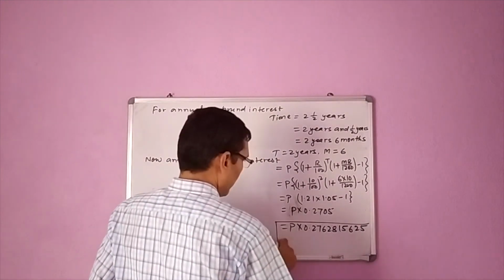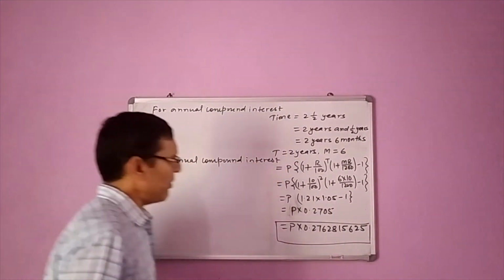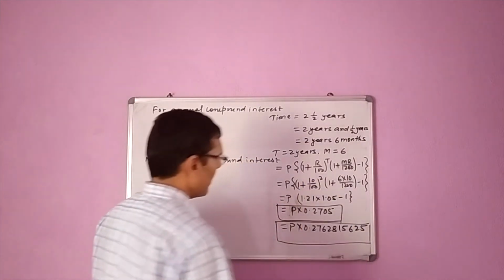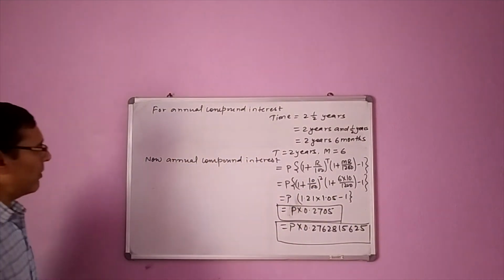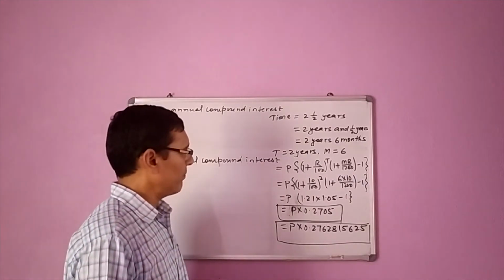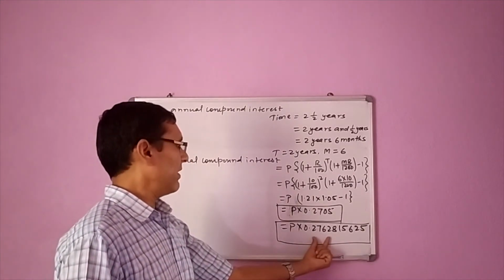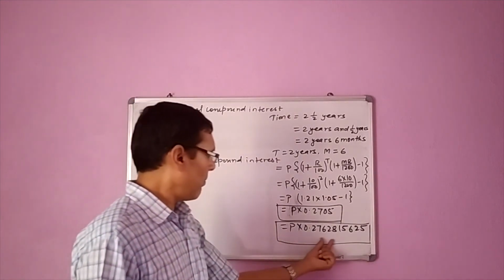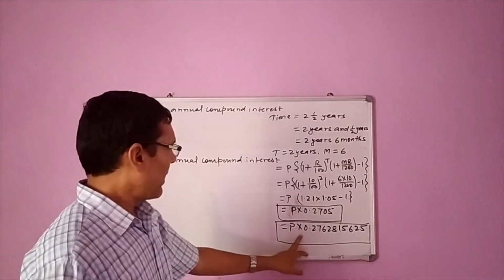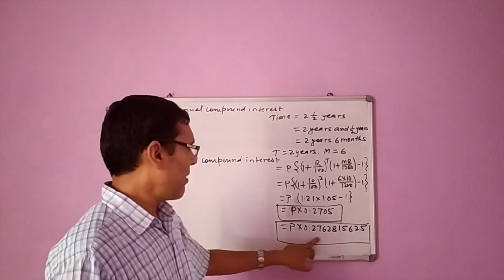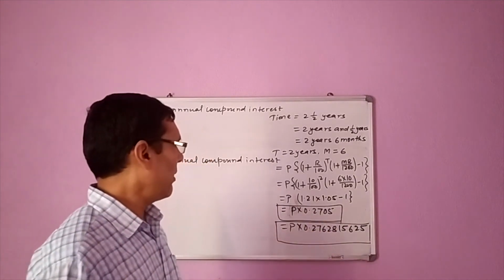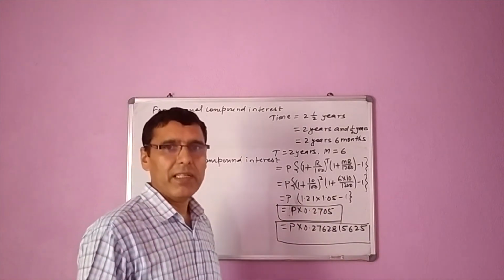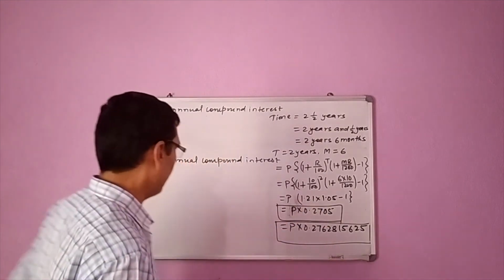So here this is the compound interest for semi-annual compounding, and this is the compound interest for annual compounding. And according to the question, the difference of these two interests. Look, this is the semi-annual compound interest and this is the annual compound interest. When we read the values in decimal, we can see the semi-annual compound interest is more than the annual compound interest. So according to the question, the difference of these two interests is rupees 63.